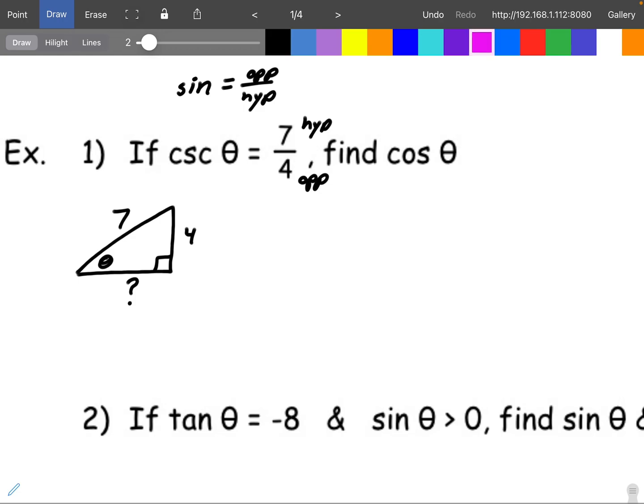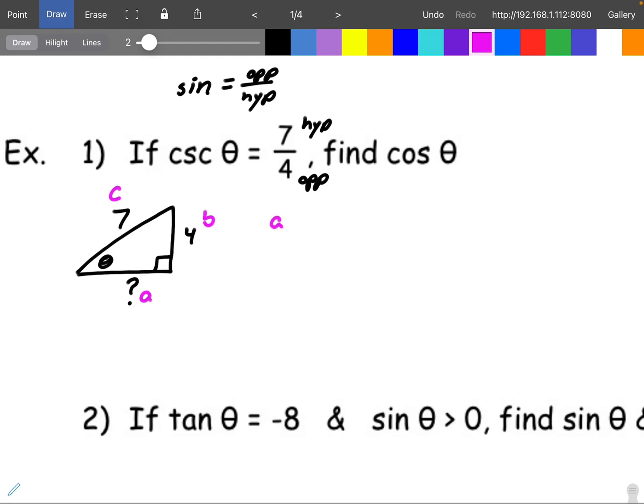Well, remember, your hypotenuse is always going to be C, and so that means 4 is either A or B, and the other side is the other one. So let's go ahead and make the one that we're looking for A, and the 4 will be B. So we have my A, B, and C. So that means I can do Pythagorean theorem to find the third side of this triangle.